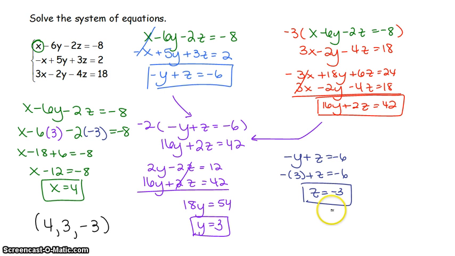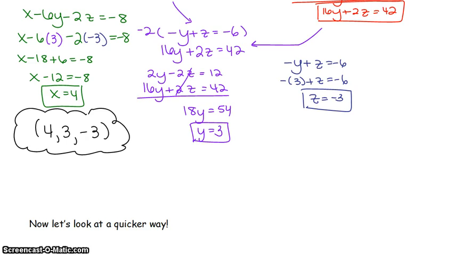Then I go back to any of the three originals. I chose the one that I wrote twice, and I plugged in the 3 that I solved for y, and I plugged in the negative 3 that I found for z, and our solution is x is 4, so therefore our solution to the system is 4, 3, negative 3.